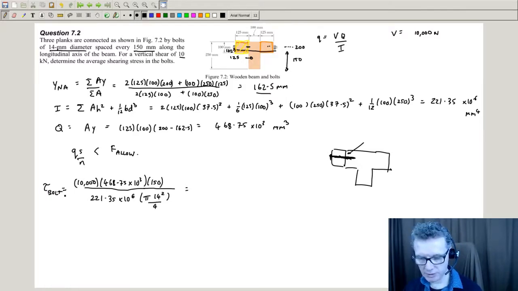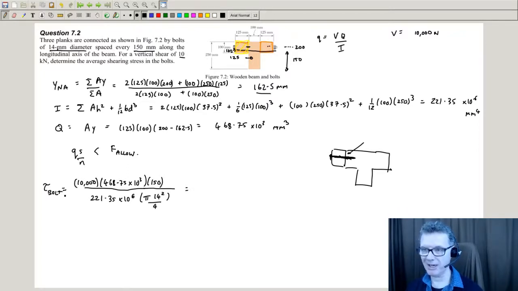So 10,000 times 468.75 times 10 to the 3 times 150, divided by 221.35 times 10 to the 6, times pi times 14 squared divided by 4.